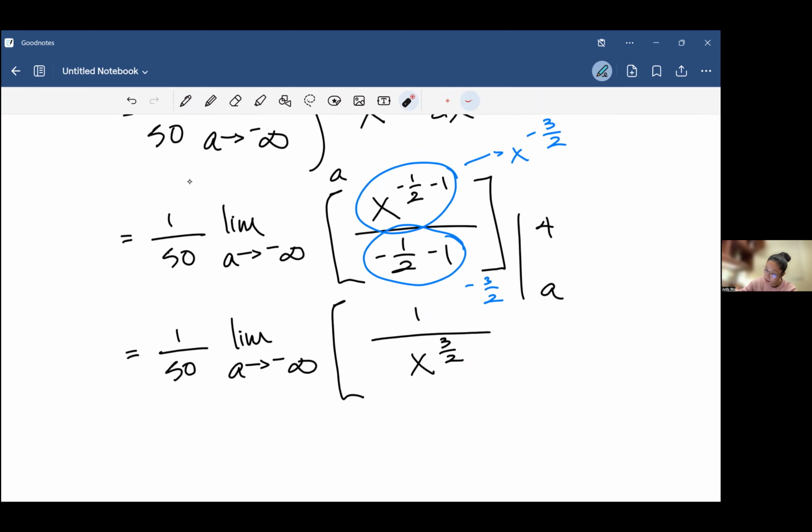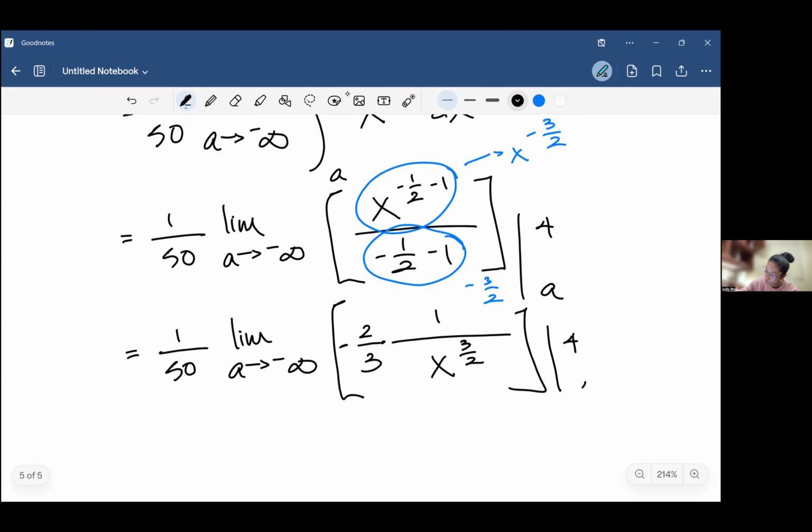Okay, that's that negative 3/2 power, we move it down. And then if I'm dividing by negative 3/2, that is the same as multiplying by the reciprocal. So it's the same as multiplying by negative 2 over 3. And I'm going to plug in 4, and I'm going to plug in a.